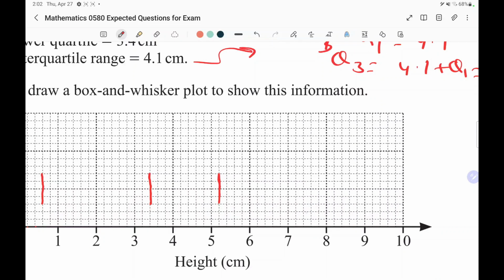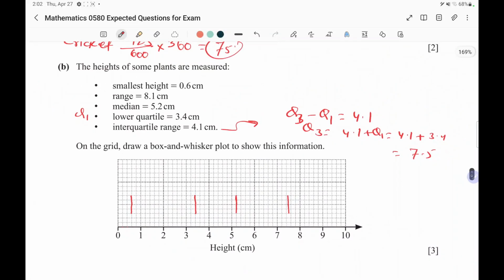So that will be from here to here. Now maximum value. Maximum is also not available, so we can find it from range, which is maximum minus minimum, which is 8.1.